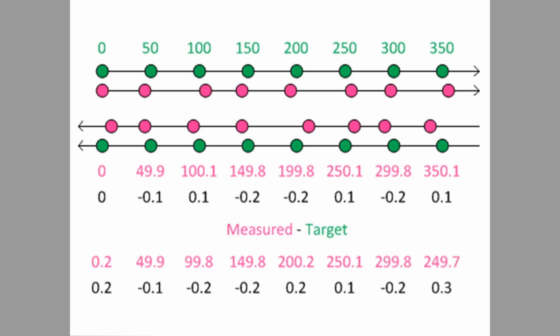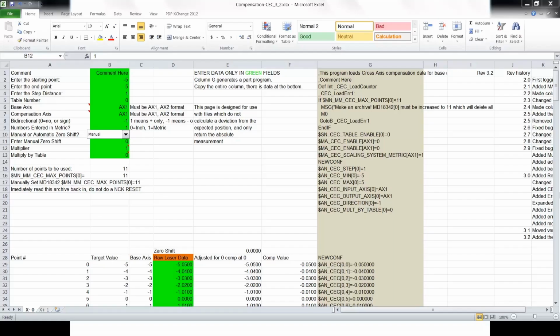So they load the test bar up, they use an indicator, everything's good. If we start putting comp values in when the rotary axis is at 0, that means that we've screwed up whatever results we got with that test bar. So let's take a look at the spreadsheet and see how we can deal with this.